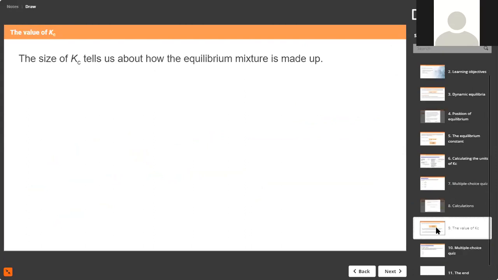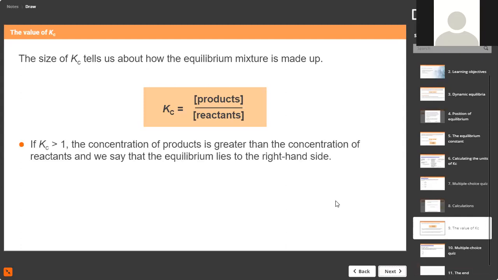Okay, so we're going to look now at the value of the equilibrium constant. The size of the equilibrium constant tells us how the equilibrium mixture is made up. So it's basically our products divided by our reactants. So if Kc is greater than 1, the concentration of the products is greater than the concentration of our reactants, and therefore we say that the equilibrium lies to the right-hand side.